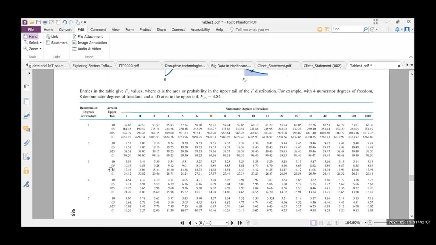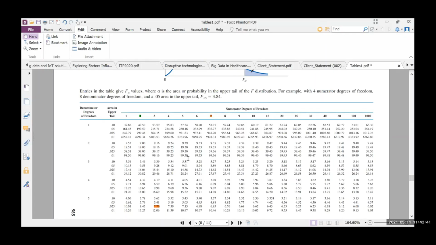For the F distribution, we are only looking at the area within the upper tail. We are not dealing with anything that has to do with the lower tail. So if this is 0.05, then just as we've been doing, horizontally I move all the way under 3, and vertically I move all the way under 5. So my F critical is going to be 7.76 for this example, using 3 and 5.